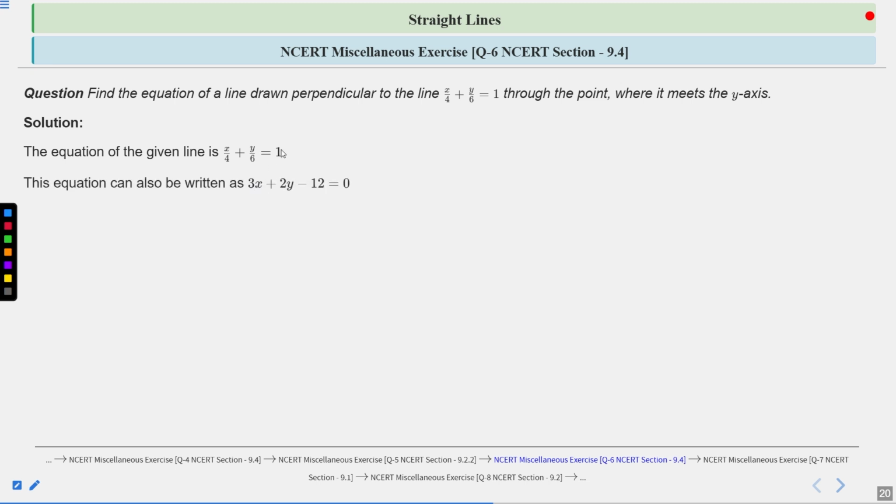This equation can also be rewritten as 3x plus 2y minus 12 equal to 0, and can also be rewritten as y equal to minus 3 over 2 times x plus 6. Okay, and this equation is of the form y equal to mx plus c.